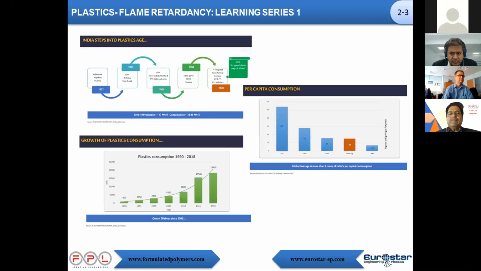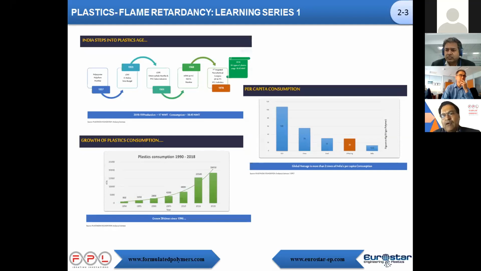So it is relevant to say that in India, polymer started from the year 1957 onwards with a very small volume. You can see the graph below, which says that in 1990 we were only about 980 kilotons, and today we are about 1,800 kilotons. So we have grown substantially.